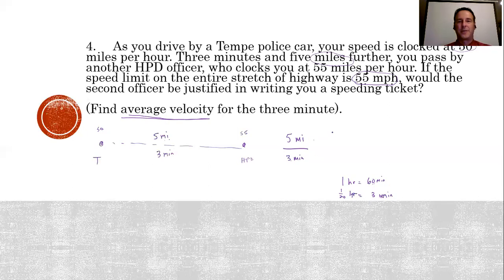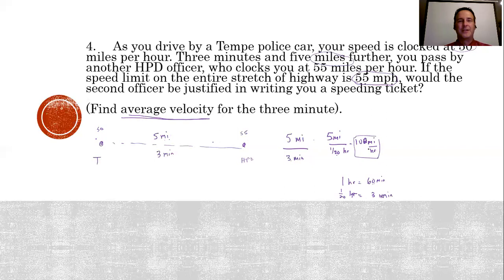So that's what I'm going to write: 5 miles per 1/20th of an hour. While I started and finished at reasonable speeds, 5 divided by 1/20th is 100. Which means your average speed between here and here, even though you finished at different marks, was 100 miles per hour.